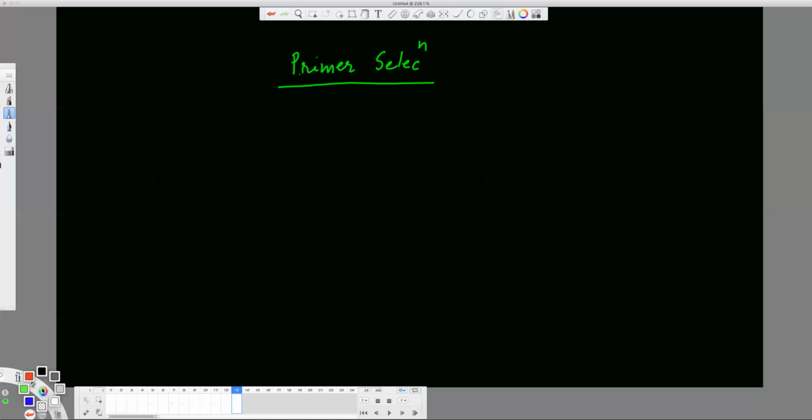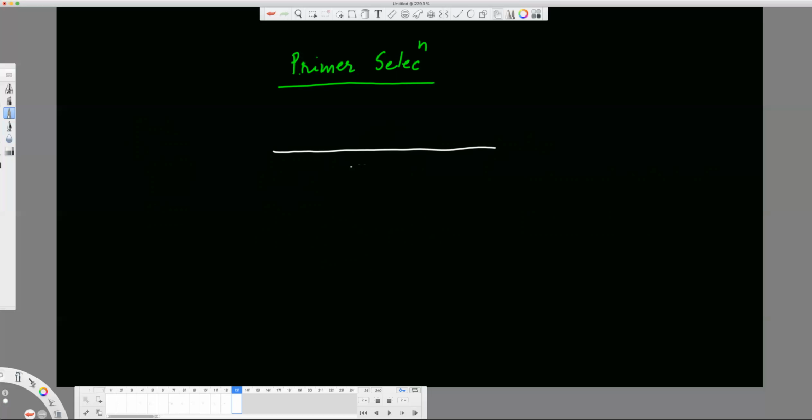Okay, so let us assume that we have this target DNA, my source DNA that I want to amplify. Now you can decide how much length you want to amplify. Do you want to amplify a small portion of this or a whole chunk of this, or what is appropriate for your experiment?